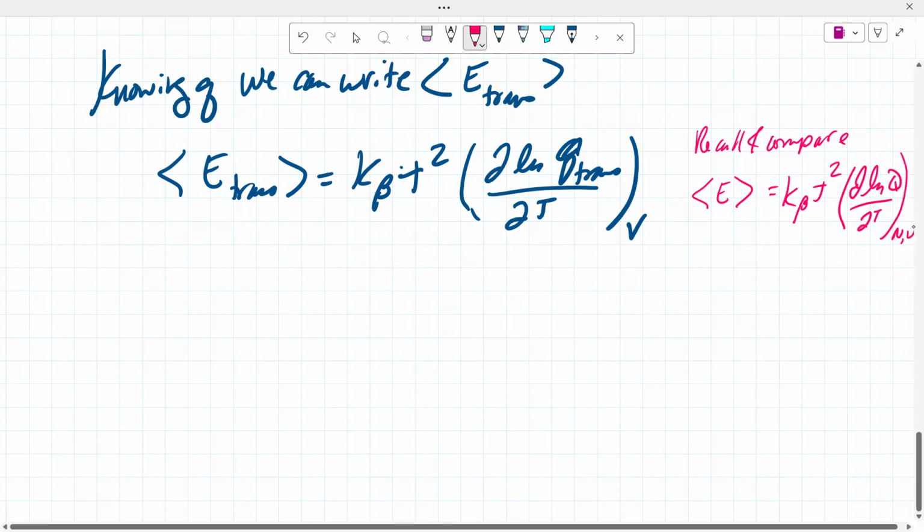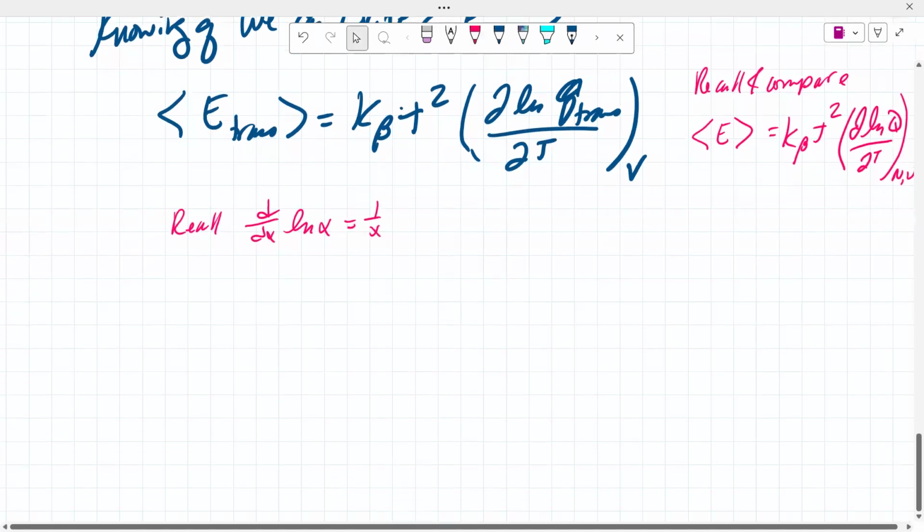Okay, so we saw this already last time. And we also need to recall some other facts. Some math facts. d/dx of ln x equals 1 over x, just in case you forgot about that.